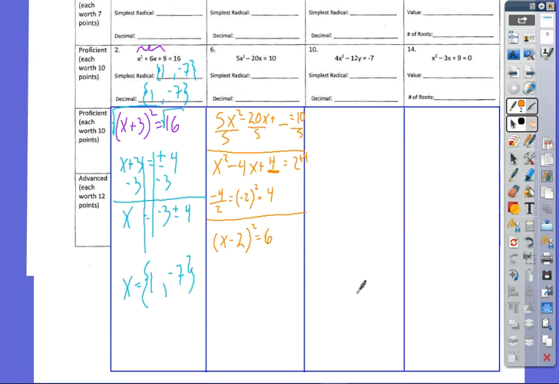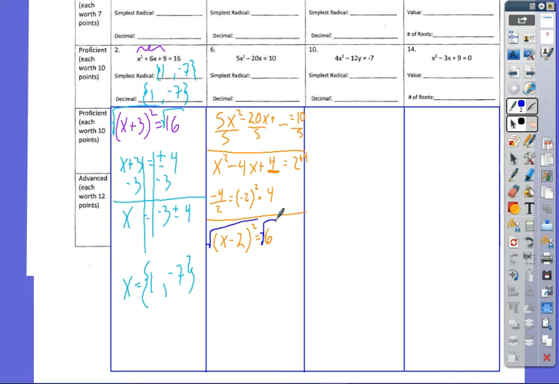All right. So in order to get the x out of the parentheses and out of that pesky squared, what will we have to do to both sides? Mr. Potter. What's the opposite of squaring? Square rooting. We're going to square root. Yeah, obviously.